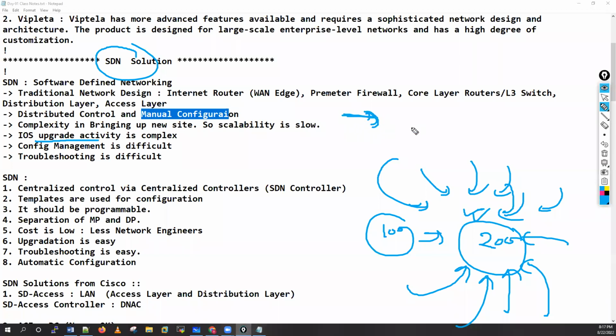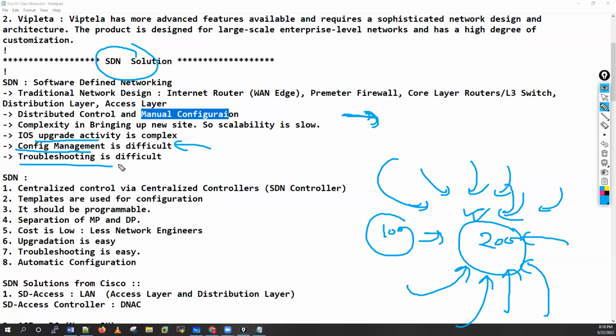These kinds of problems exist in your traditional networks. Due to these problems, Cisco has come up with SDN solutions for the data center environment, for the WAN environment, and for the LAN environment. Config management is very difficult in a traditional WAN environment, but now it is very easy.